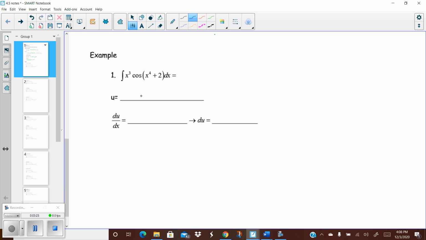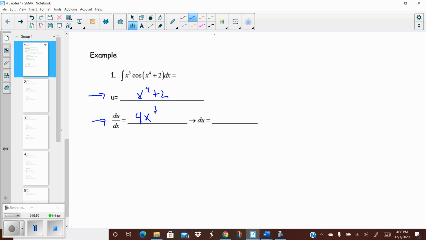So my u is going to be x to the fourth plus 2. And then I'm going to take the derivative of both sides of this equation with respect to x. So the derivative of u with respect to x is du over dx. The derivative of the right side with respect to x is 4x cubed.